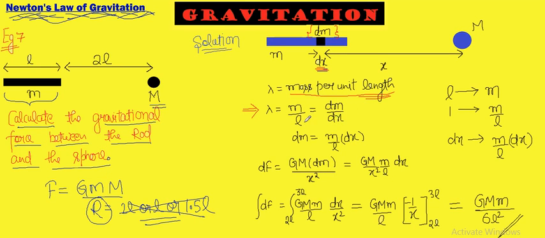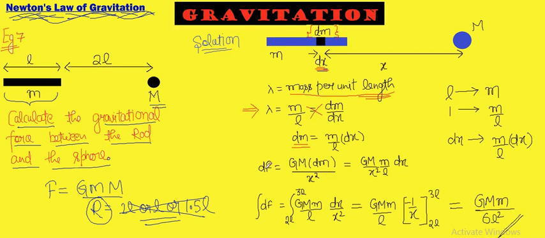It should be equal because the rod is uniform. So by cross multiplying, dm equals m by L into dx.